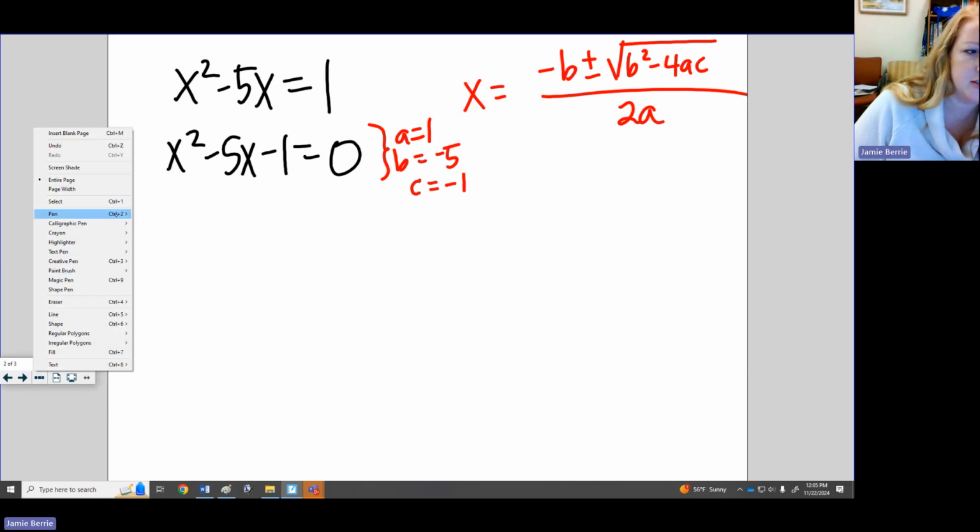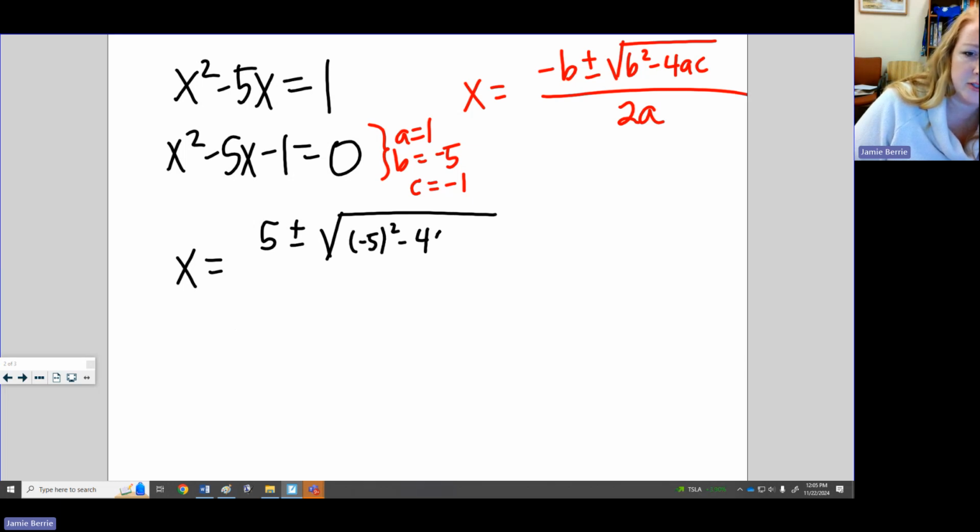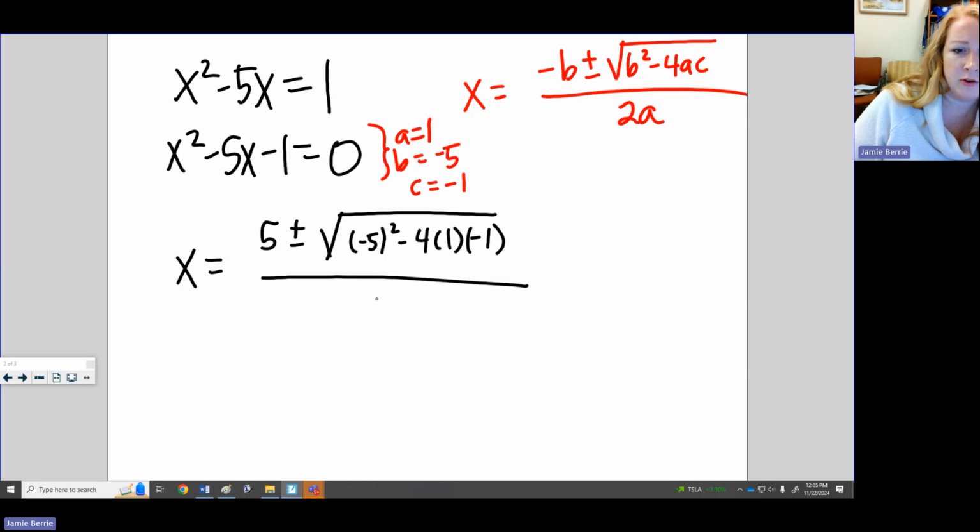So let's plug those in. x is equal to negative negative 5, which is positive 5, plus or minus the square root of negative 5 squared minus 4 times a times c, so that's 1 and negative 1, over 2 times a.